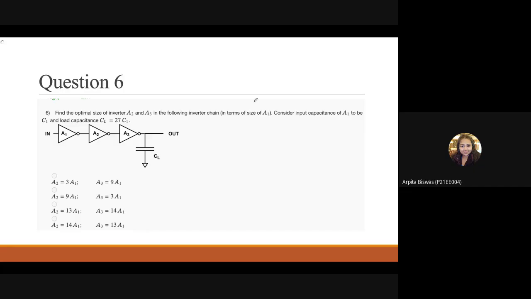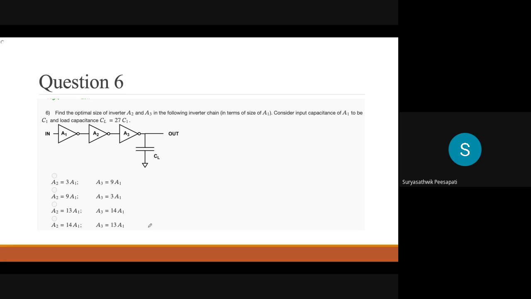Option B: A2 equals 9A1 and A3 equals 3A1. Option C: A2 equals 13A1 and A3 equals 14A1. Option D: A2 equals 14A1 and A3 equals 13A1. Please try to solve this question.